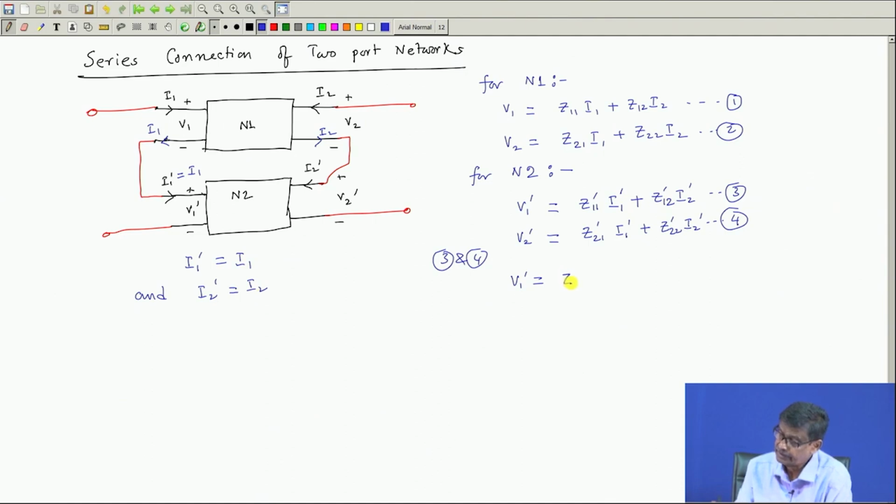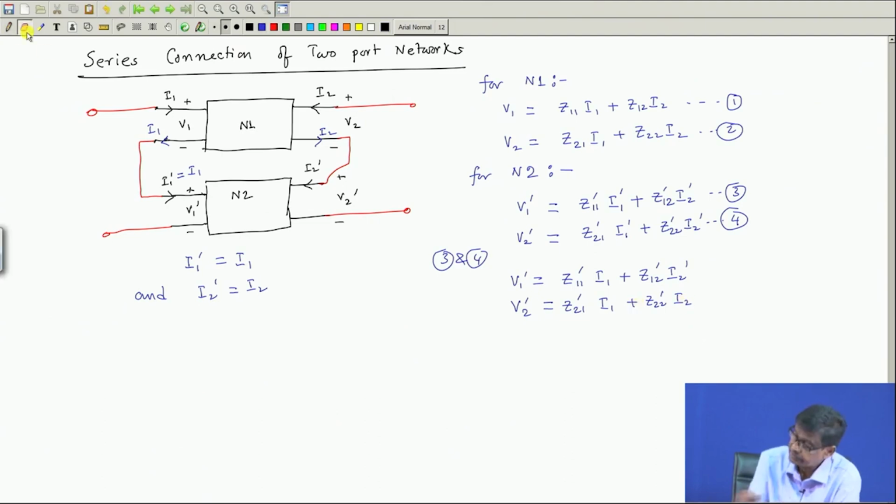It is nothing but Z 11 dashed I 1 plus Z 12 dashed into I 2 dashed, and the fourth equation, that is this one, will then be Z 21 dashed I 1 plus Z 22 dashed into I 2. I am sorry, this dash goes because I am using this relation. So, this is 5 and 6, same as the 3 and 4 equation, with this knowledge.